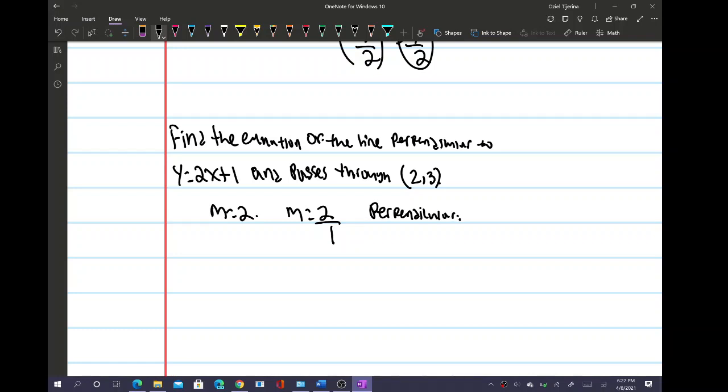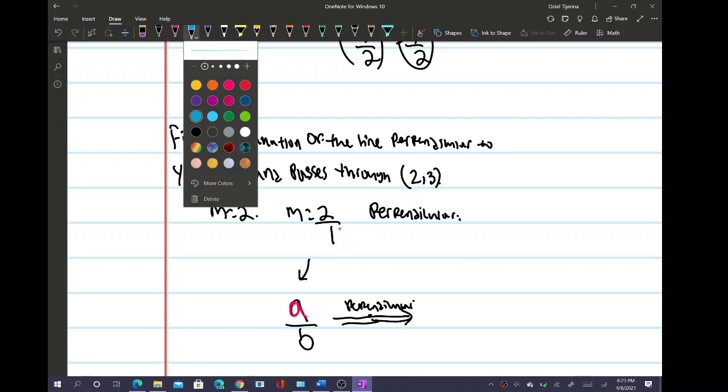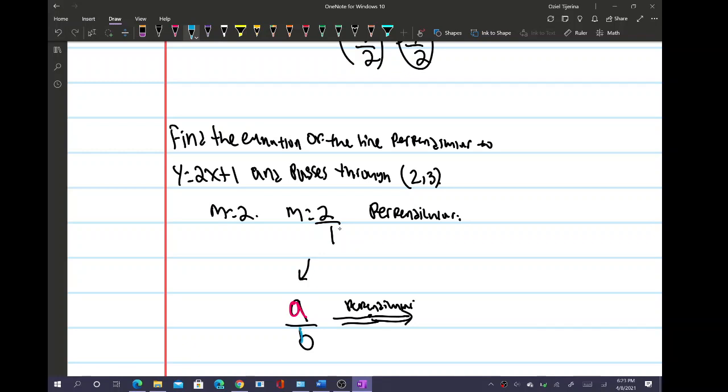This is of the form a over b, so perpendicular would be negative b over a, okay?